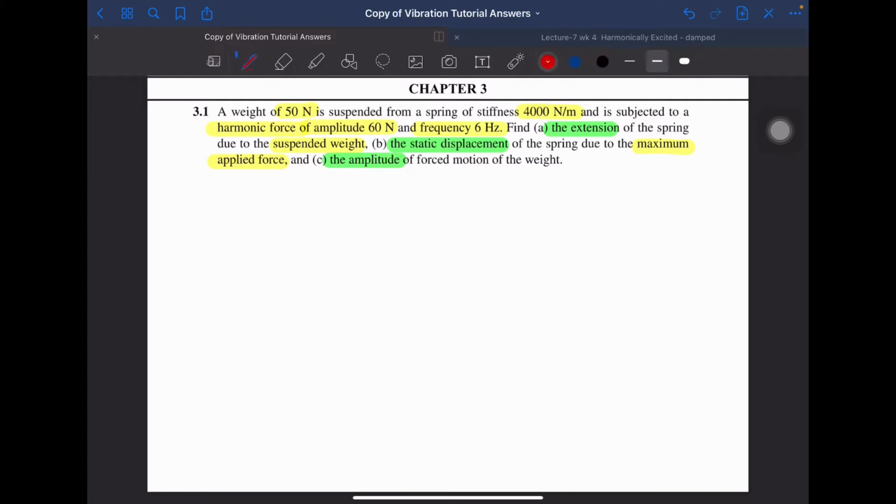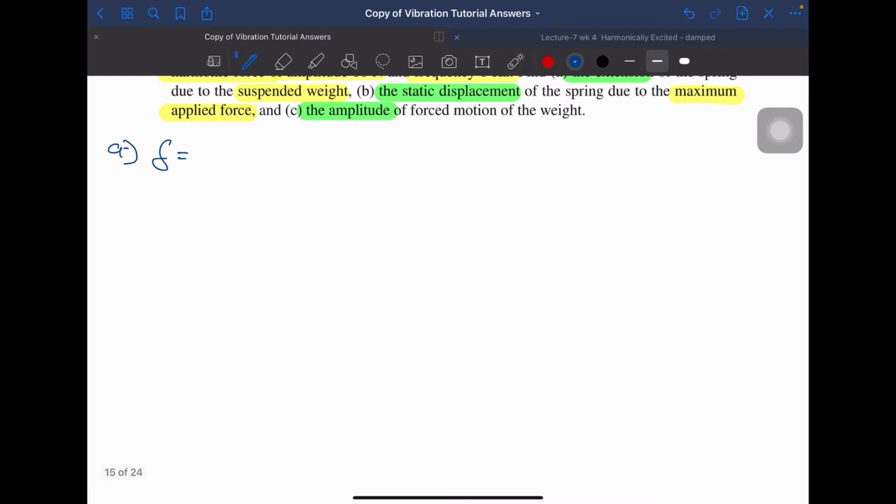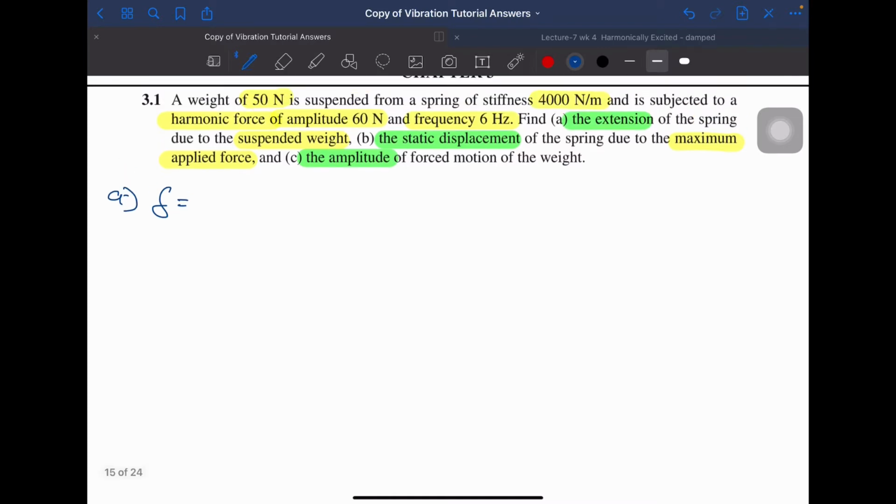So now, the first step would be A. Find the extension, deflection, right? Due to the suspended weight. So over here, deflection equals force divided by the stiffness. The force that we can use for question A is due to the suspended weight.